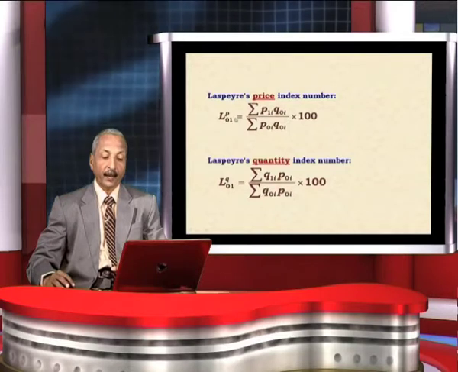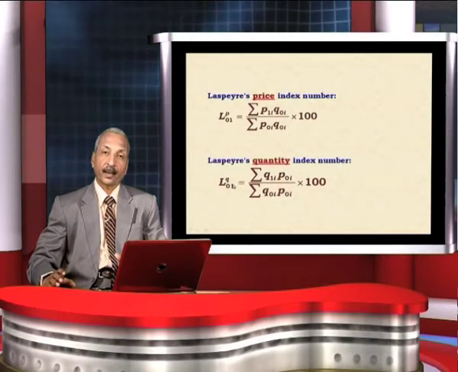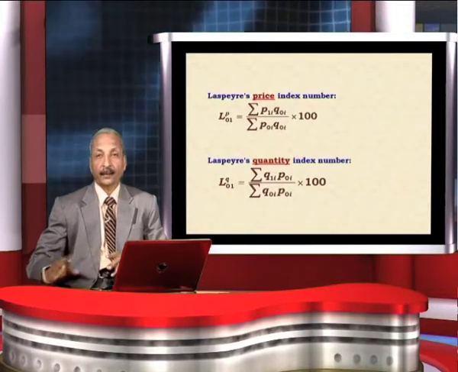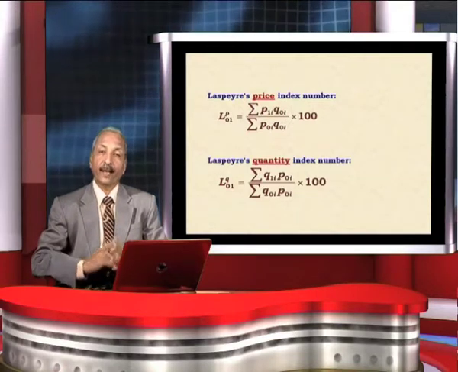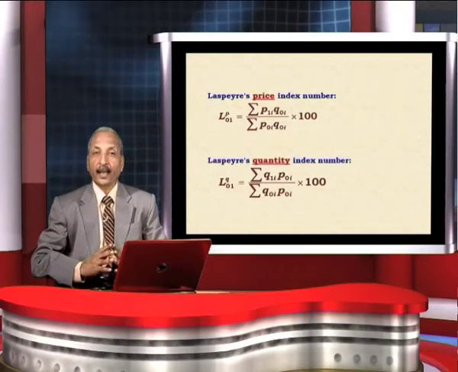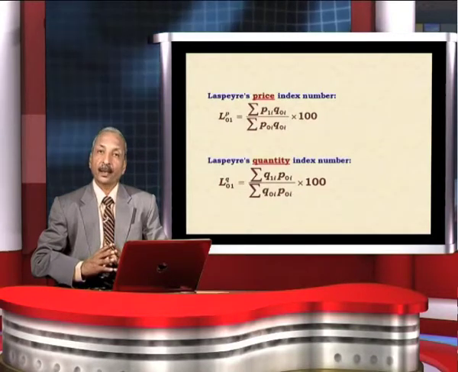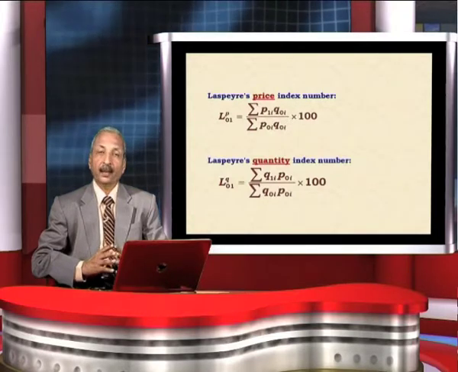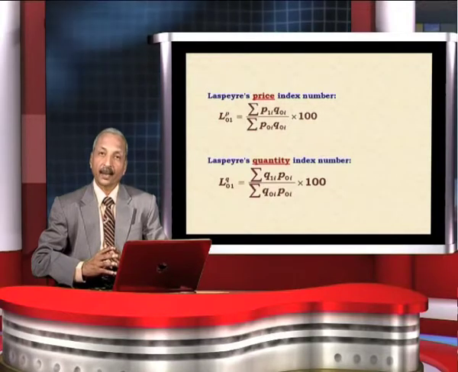So, L01P and L01Q are the price index numbers and quantity index numbers using the Laspeyres method. If the product of these two index numbers is equal to the value index, we say that the Laspeyres formula satisfies the factor reversal test, but unfortunately we can check that this Laspeyres formula does not satisfy the factor reversal test.